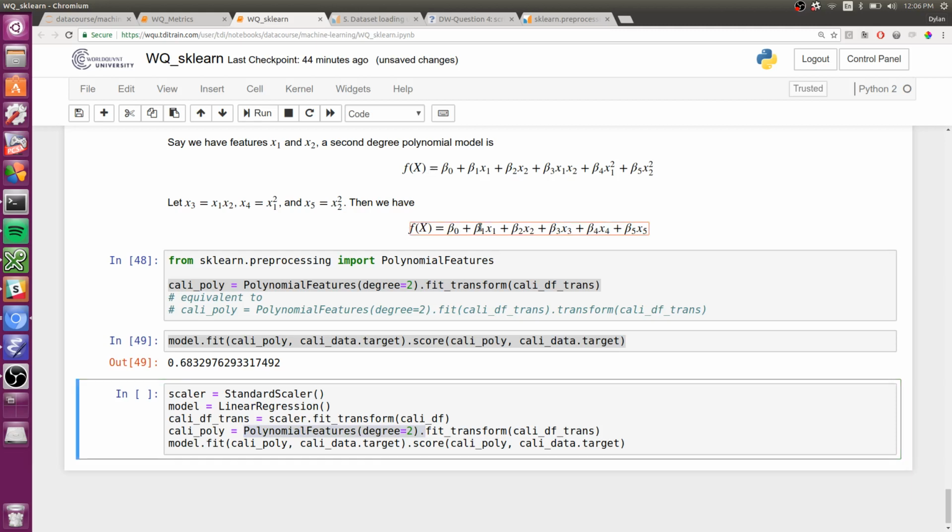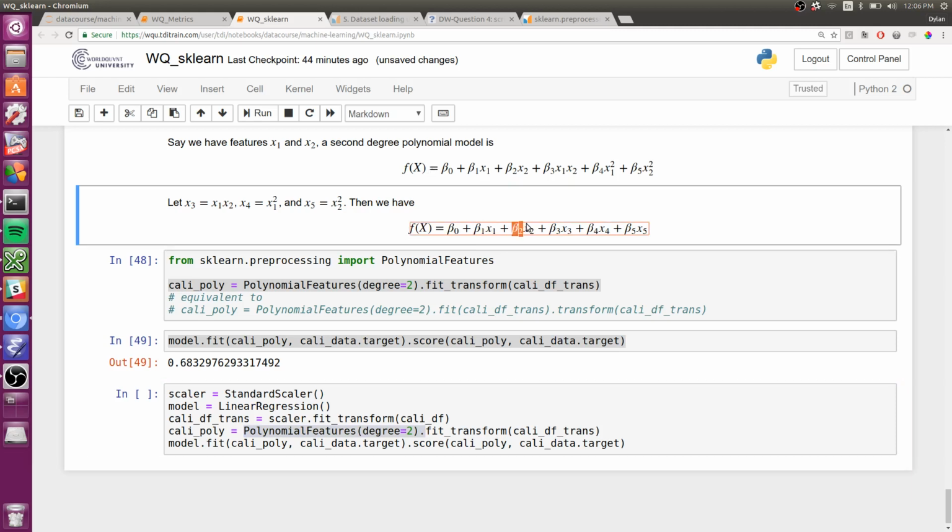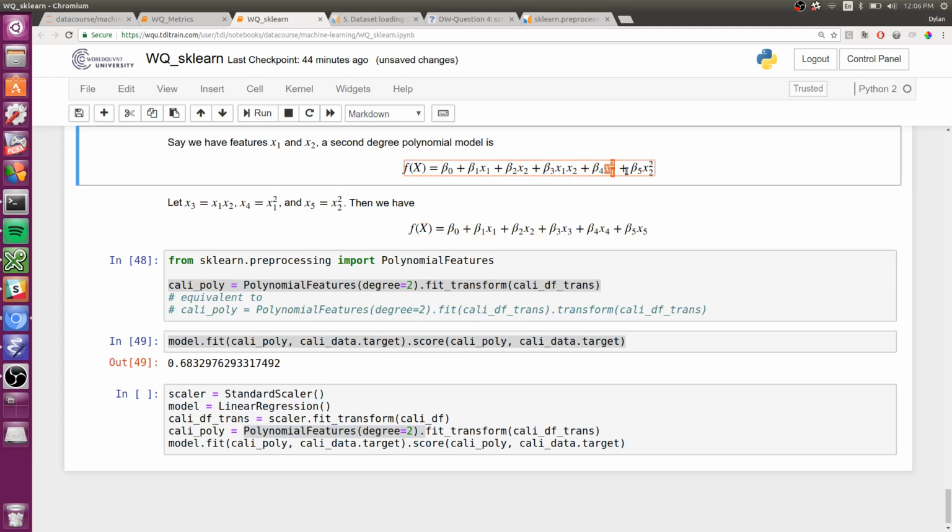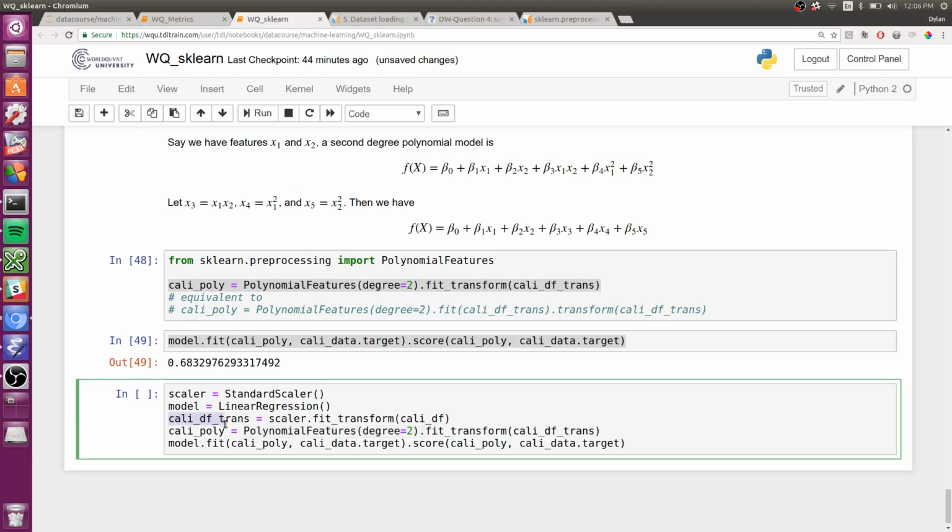My model is linear in the coefficients, but it's polynomial in the original features. So really what I should consider all of this to be my model. Everything that I do between the raw data and my predictions should rightly be considered to be my model.